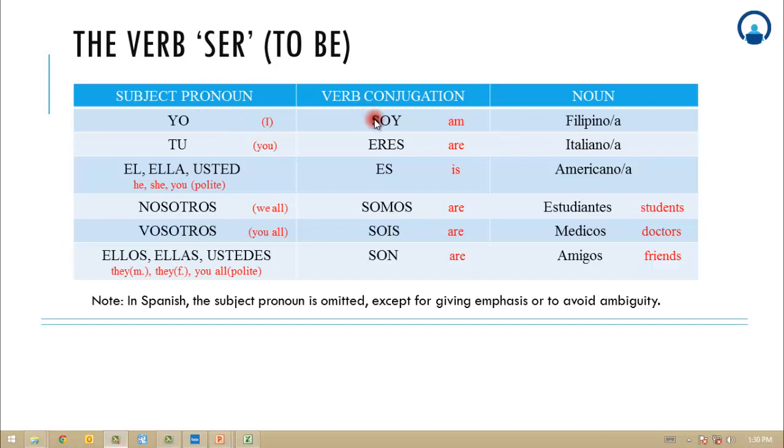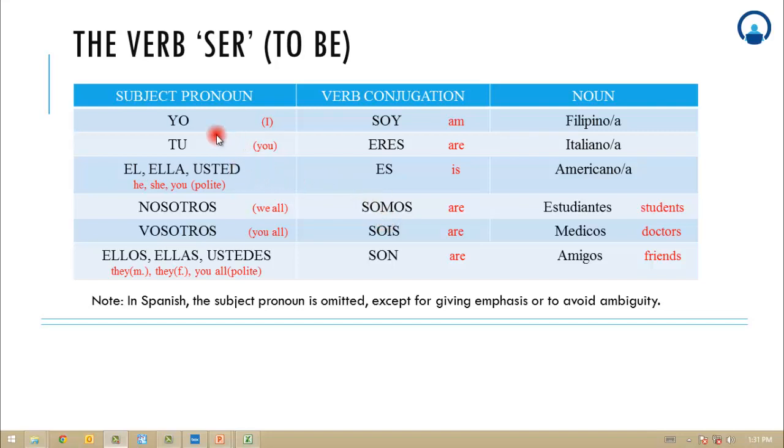Each conjugation corresponds to a subject pronoun. For example, the first verb conjugation, soy, corresponds to the subject pronoun yo. This soy cannot go with the subject pronoun tú or any other. Soy will only go with yo, and similarly the others.